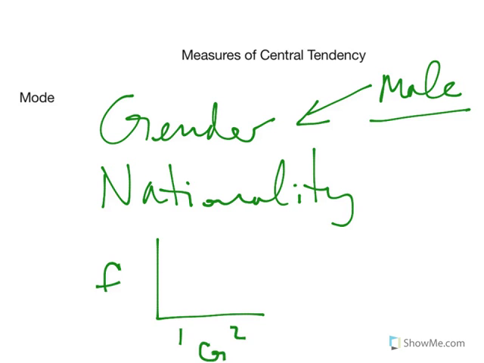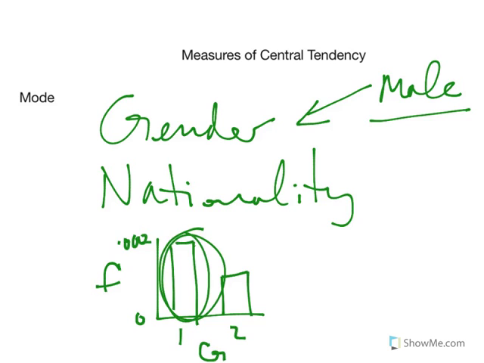And over here is frequency, this is 0, let's say this is 1,000 or something like that, right? And so you have something like 1,000 males, and you have something like 500 females, right? Here, the modal gender makes sense. That's something that would be useful. It just means that most of the people that were in your survey or in your study were male.